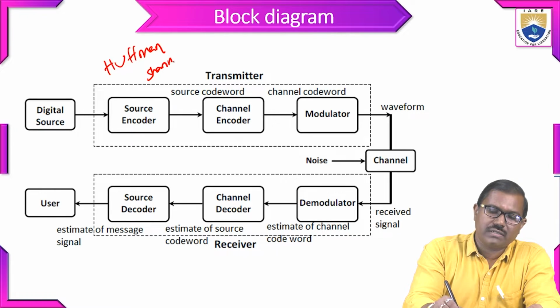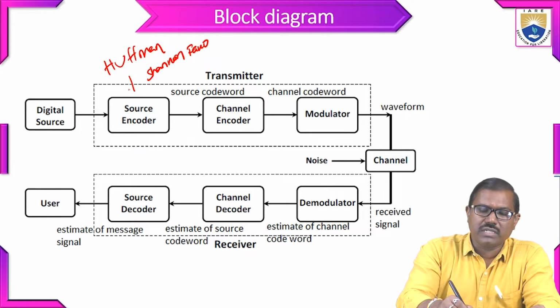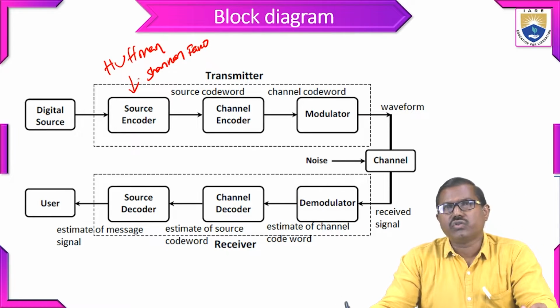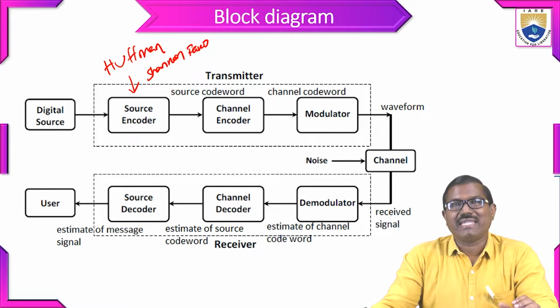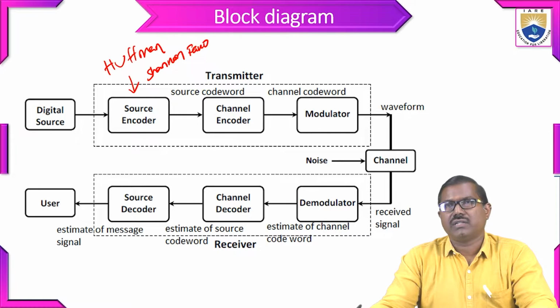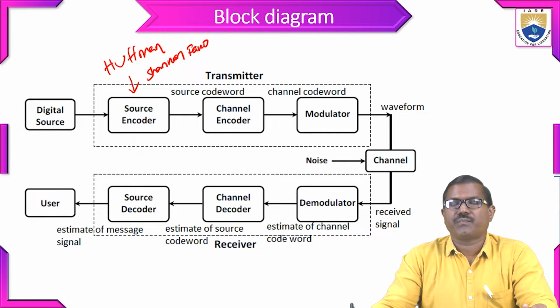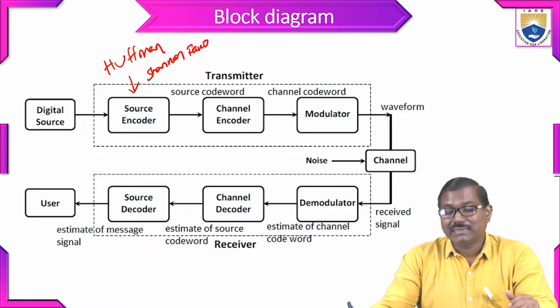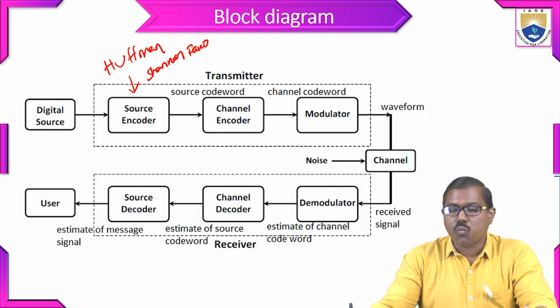These two algorithms are used for removing the redundancy in the information bits, so it produces the source code word. For the channel encoder, we may use block codes, cyclic codes, and convolution codes. And the third important block used in the transmitter is the modulator.